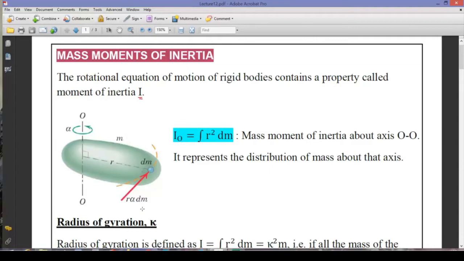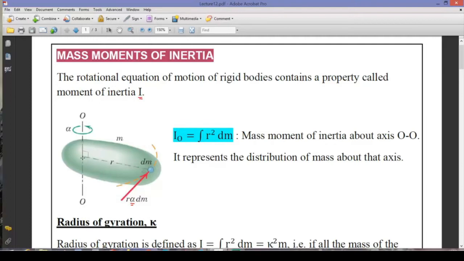And what this really means is that there is a finitely small amount of mass dm, and this dm has a rotational motion, and there's this angular acceleration alpha, and r times alpha represents its acceleration.